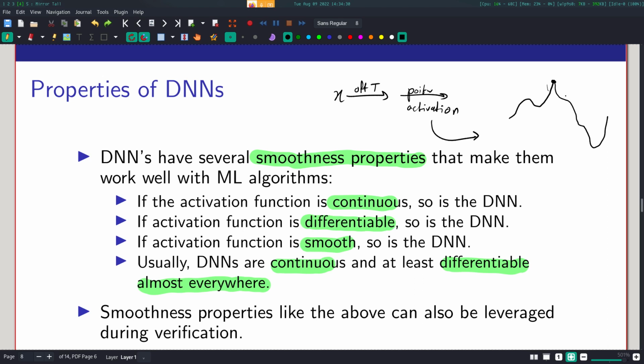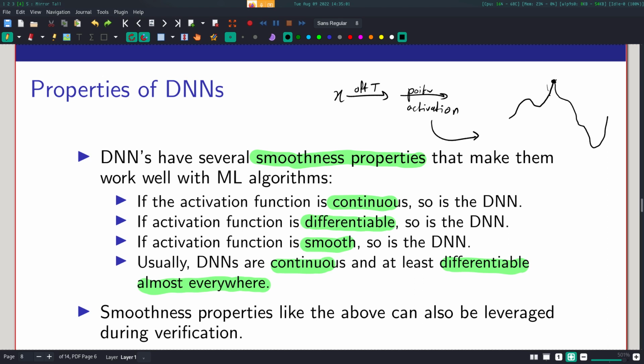But if you're unlucky and you actually hit the point where there is no gradient, then since you can't calculate any gradient, you can always just shift randomly in a particular direction. Now of course, if you shift in the wrong direction, you might end up with a local minimum but not a global minimum, but that problem was there in any case. So it's not like we are introducing a new problem by doing this.